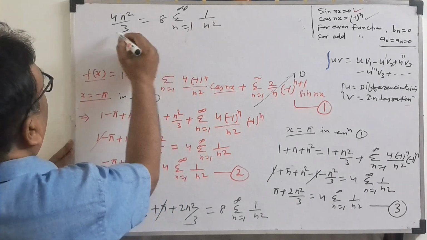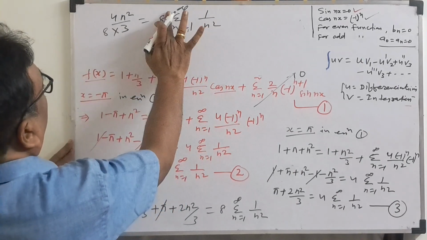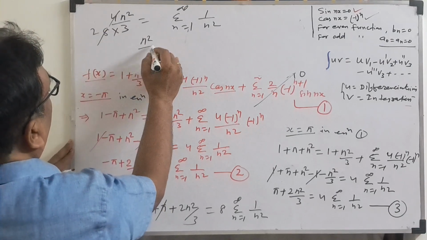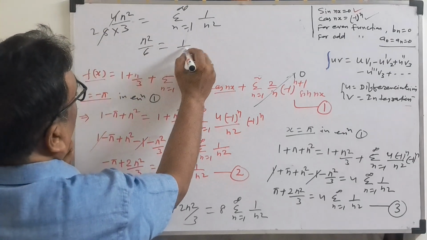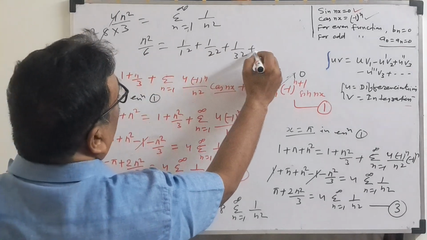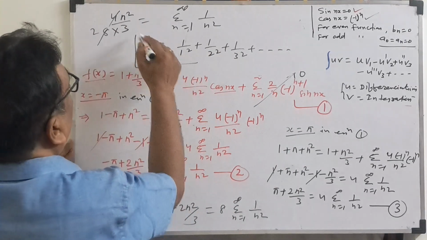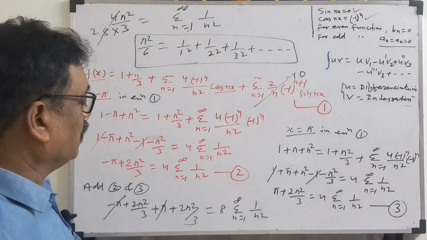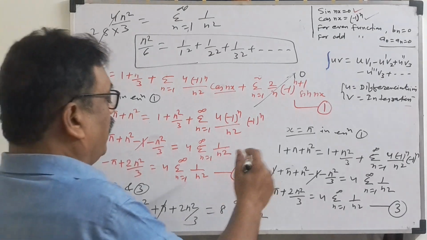Now bring 8 here. What will happen? 2, so pi square by 6 equal to 1 by 1 square plus 1 by 2 square plus 1 by 3 square plus dot dot. So hence we deduce the series in this form. This is the solution.